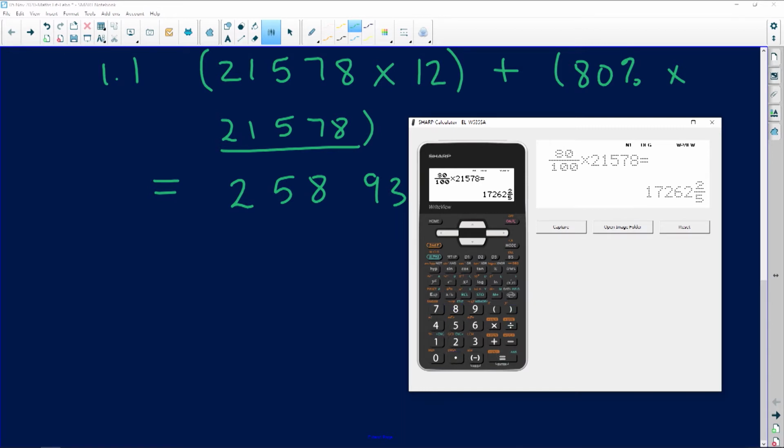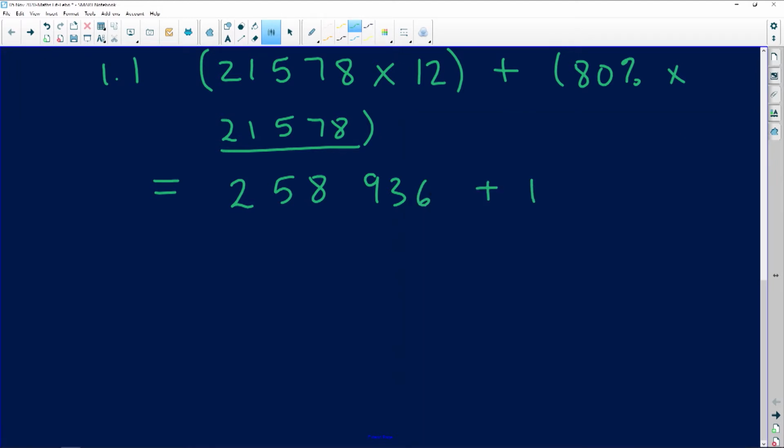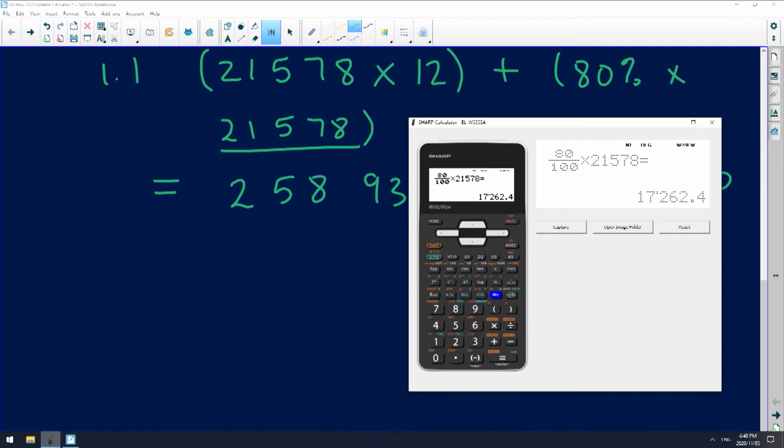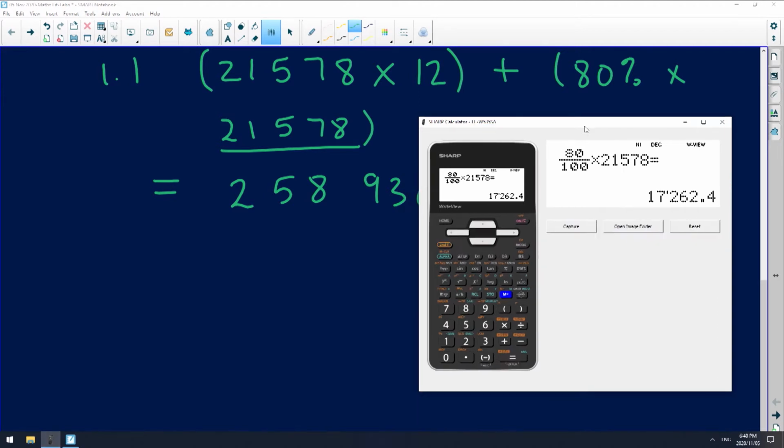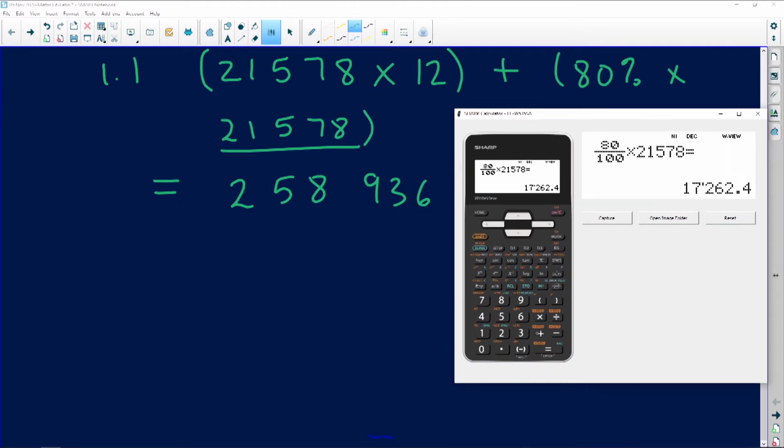Just double checking. And then it means that this person gets 17,262, I think it's 0.40 cents as a bonus. Stunning. Now, let's go add it together. Plus 258,936.